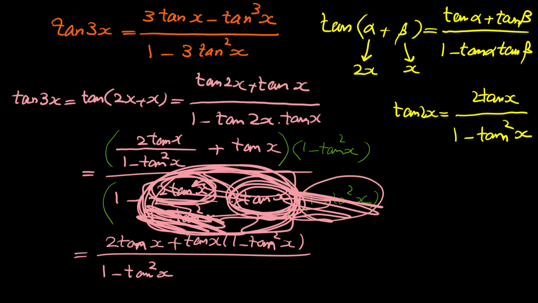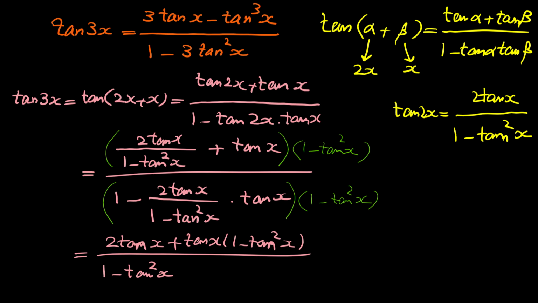So we have minus 2 tangent squared x. Now let's simplify this. If you look at the denominator, 1 minus tangent squared minus 2 tangent squared, this is tangent squared, not cubed.